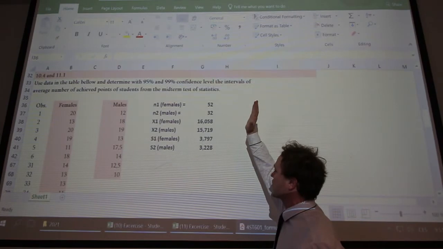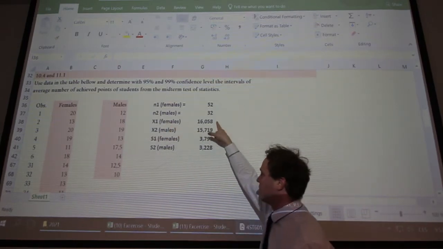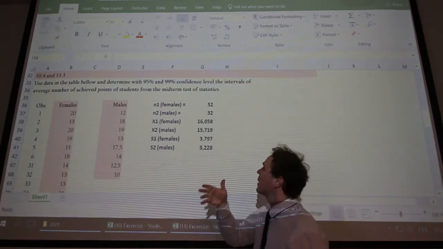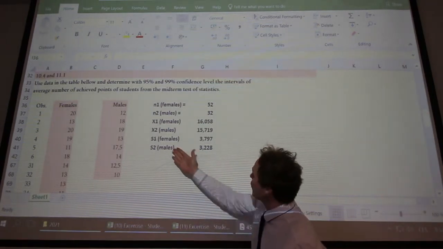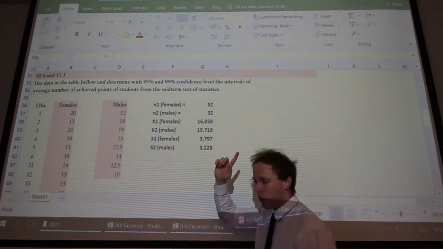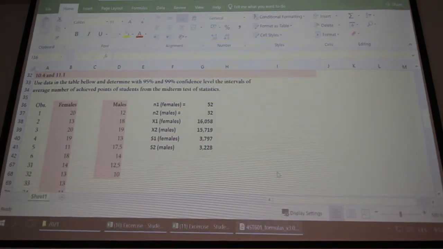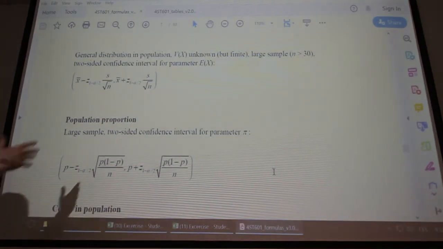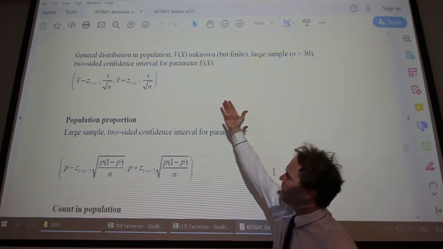At the end of last seminar, we calculated two sample means, two sample averages for females and males, and two sample standard deviations for females and for males. Because there is no mention about the distribution, we must use the general distribution in population.